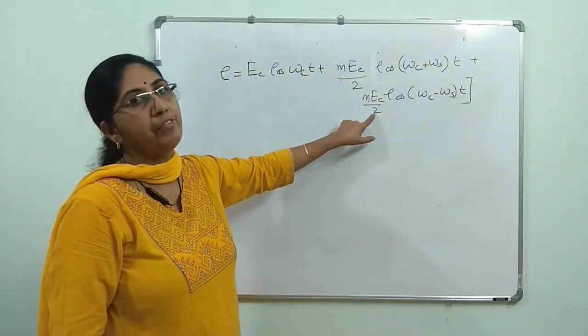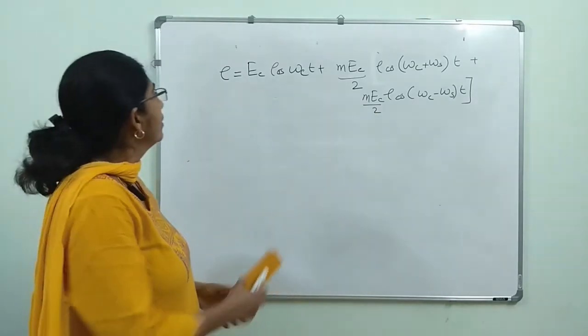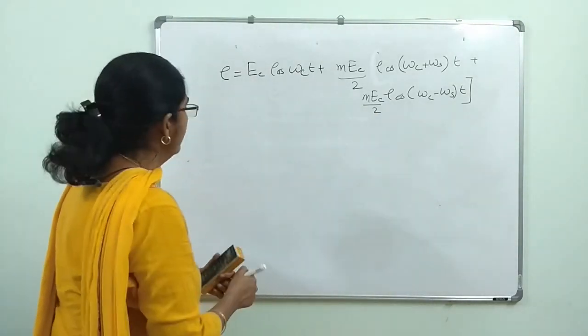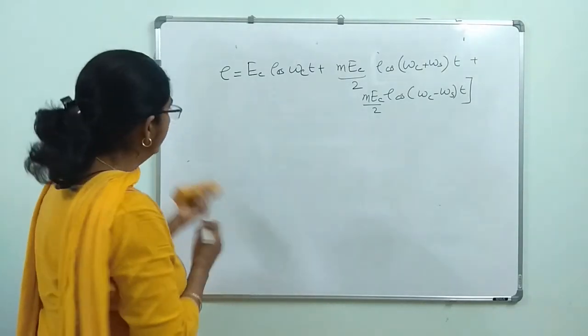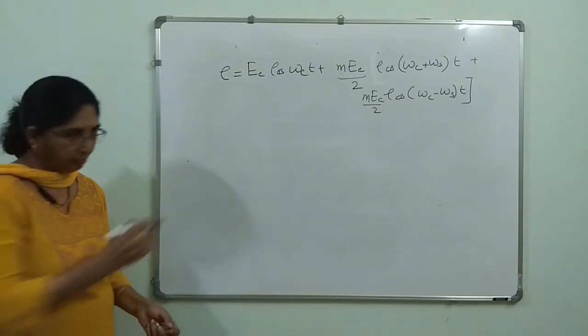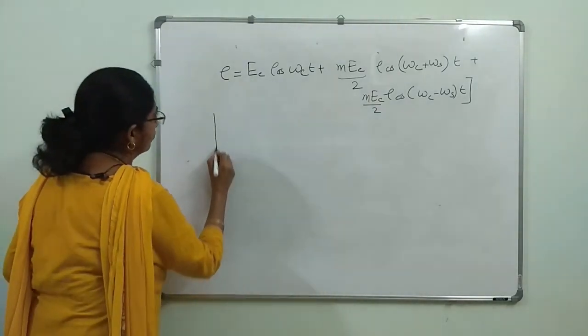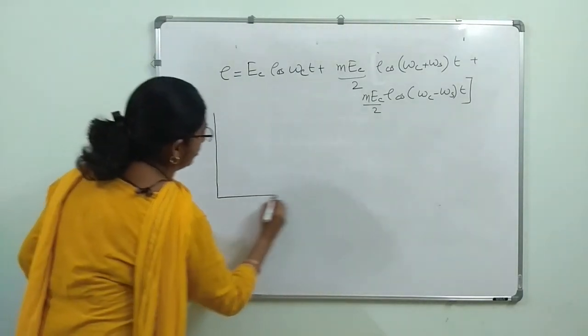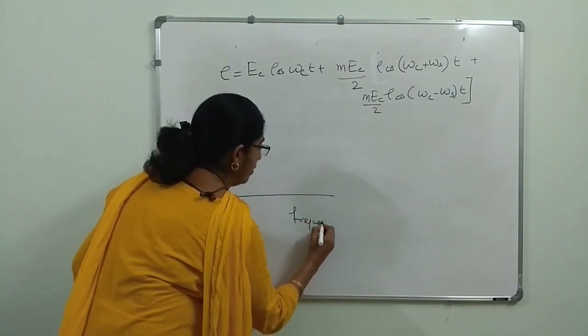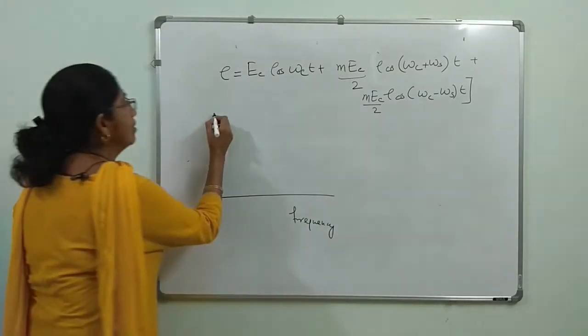This is also having half the amplitude of the signal. Now we can represent this in the frequency domain, frequency versus voltage.